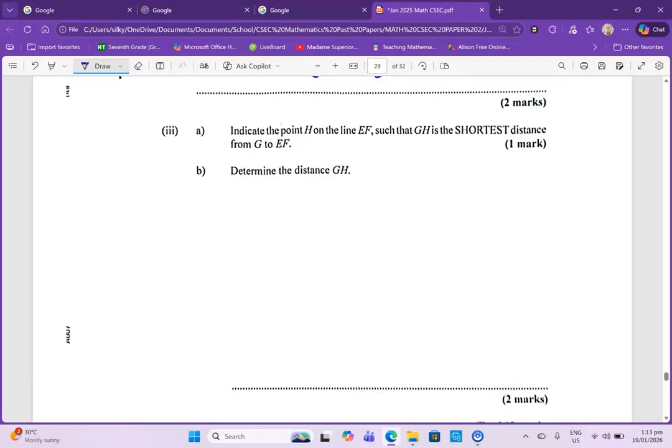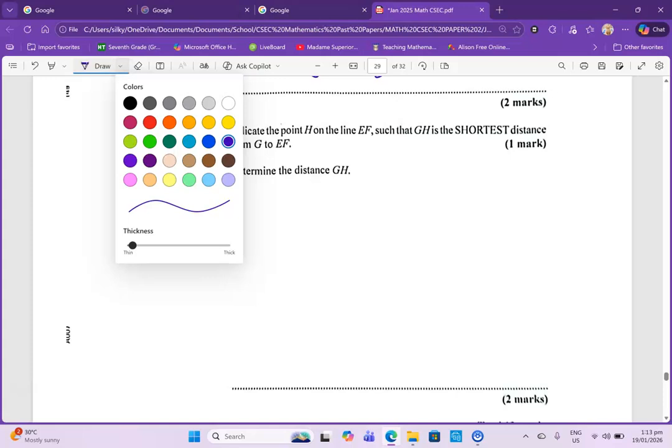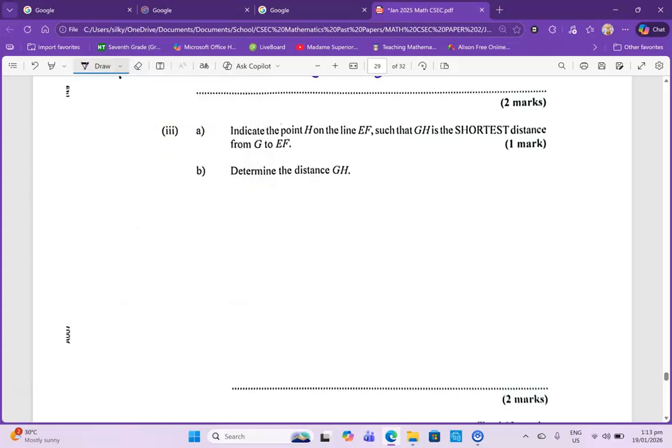So again, I'm going to redraw the diagram because we already have so many things on the previous diagram. Okay, so I'm going to put in the 54-degree angle.